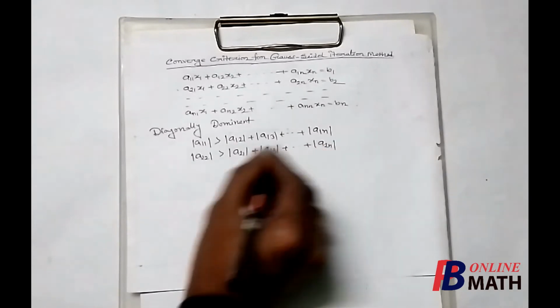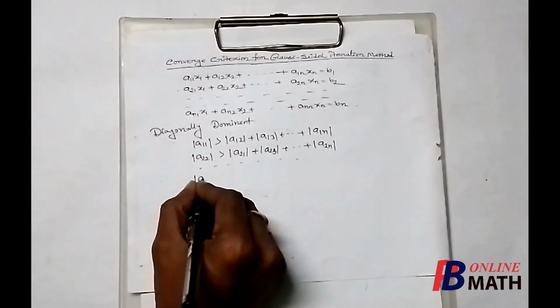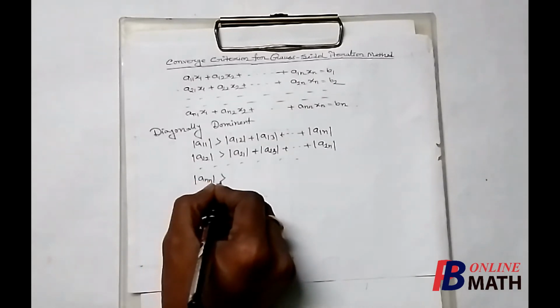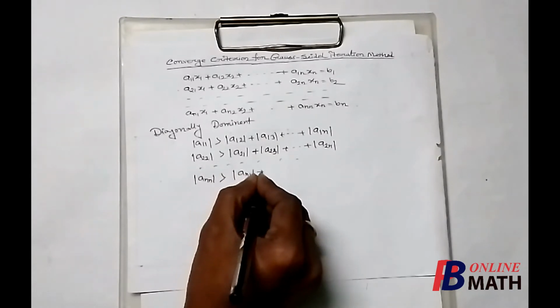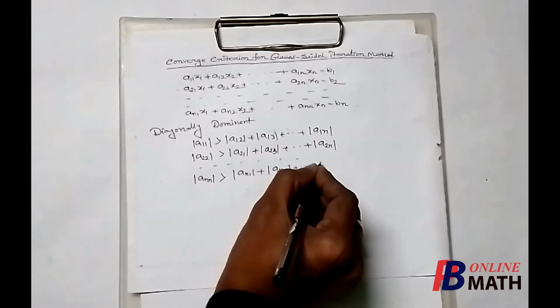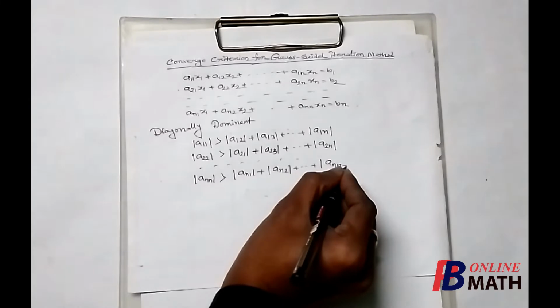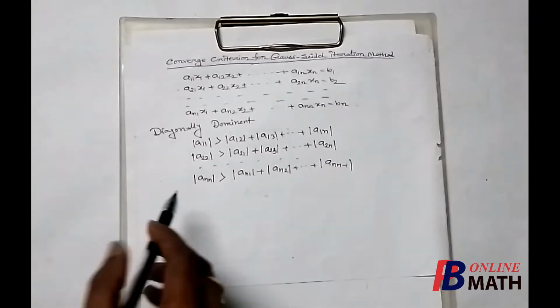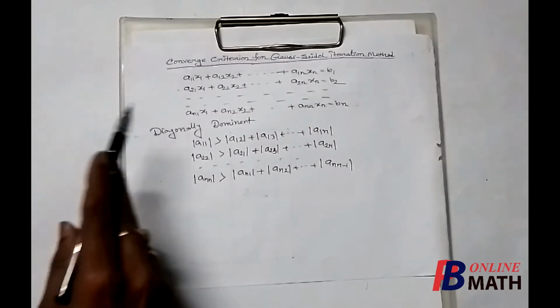And continuing in this way, from the final equation, modulus of ann is greater than modulus of an1 plus modulus of an2 up to modulus of an,n minus 1. If all these conditions are satisfied, then this system is called diagonally dominant.